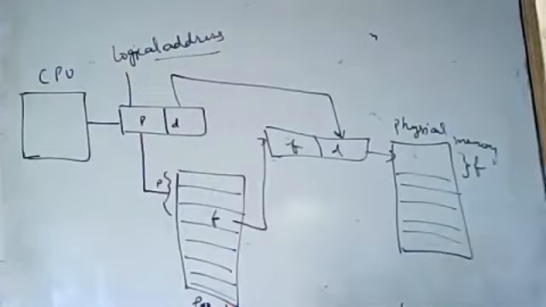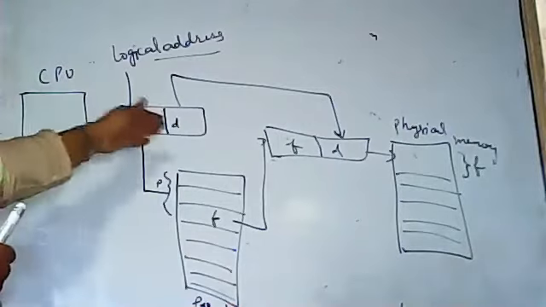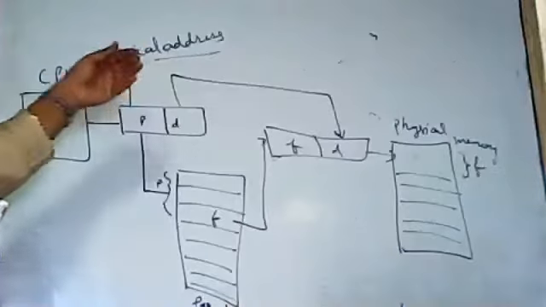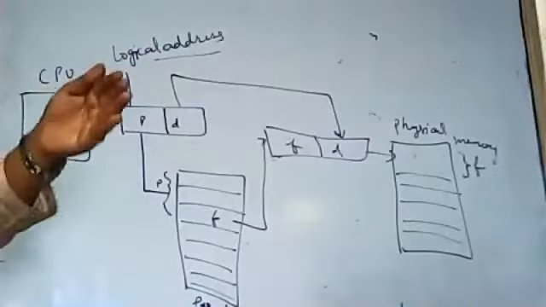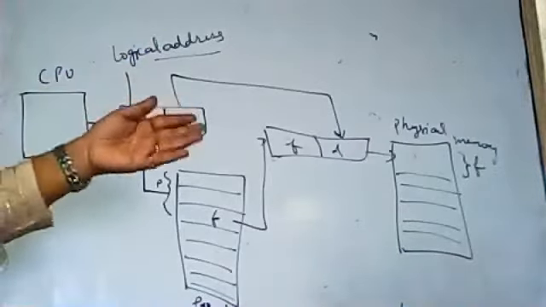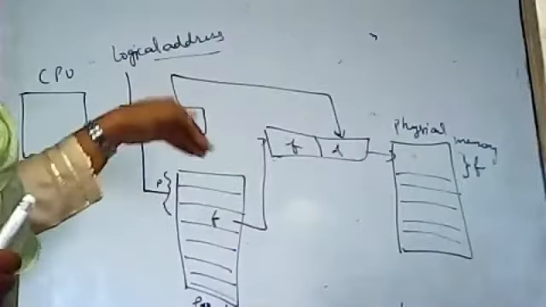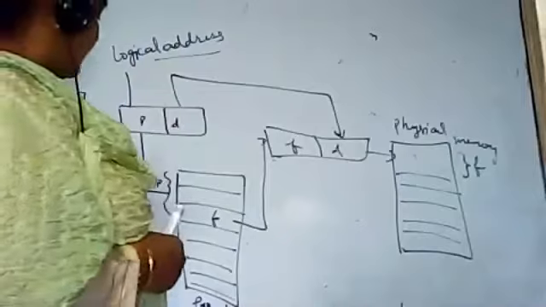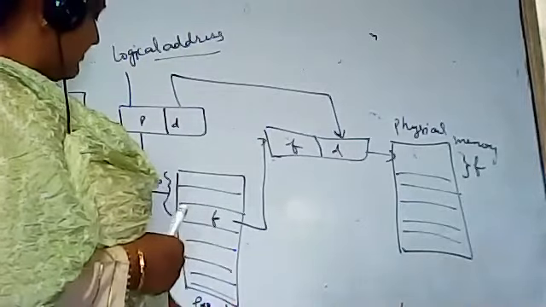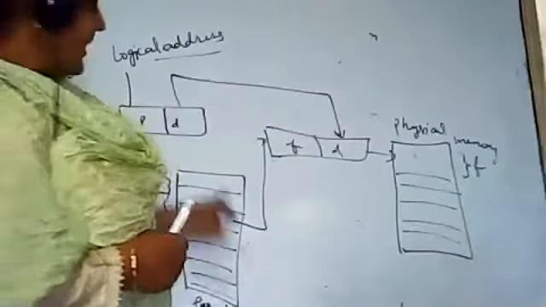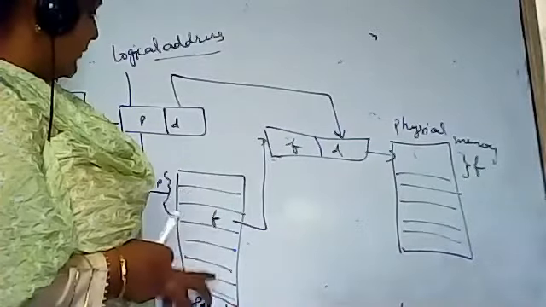But how it will work is, we have a logical memory, the logical address space, and the things are stored there in the form of pages: page 0, page 1, page 2, page 3. In those pages, P forms the index of the page table, and the page table has frames like 1, 4, 3, 7.